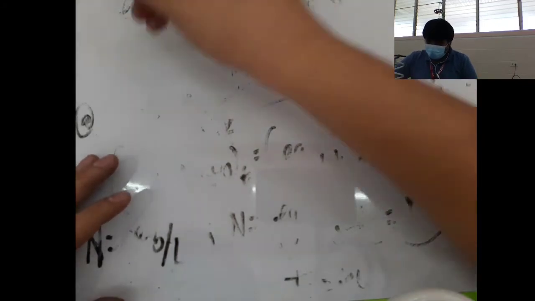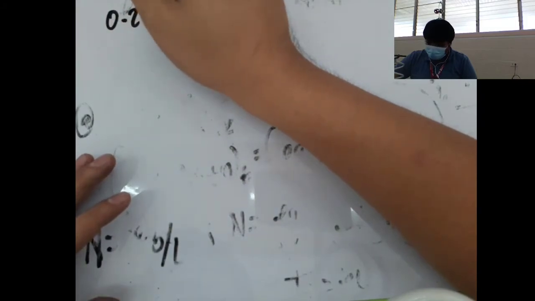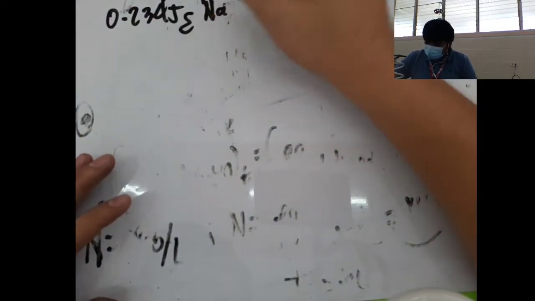And what we're given is 0.2345 grams of sodium hydroxide.